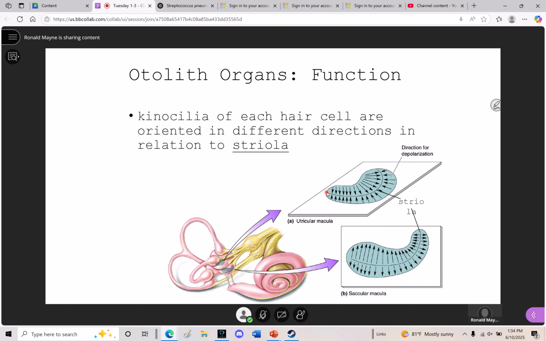There's a little groove in the middle here that the hair cells end up being oriented around. That little groove is called a striola, S-T-R-I-O-L-A.